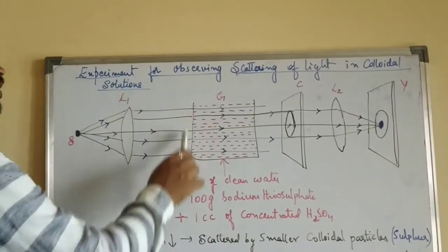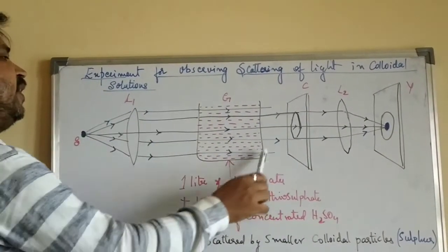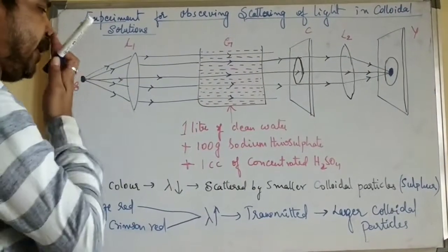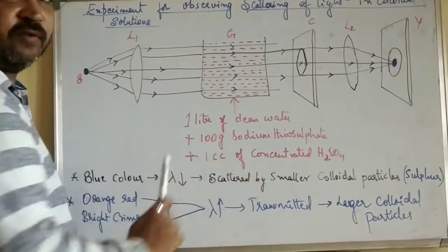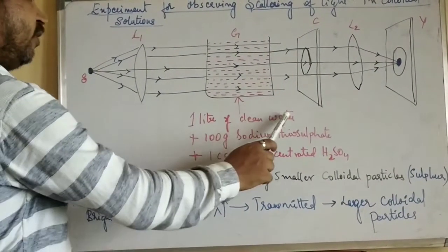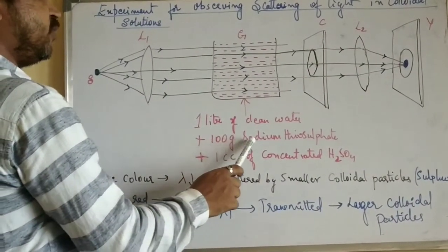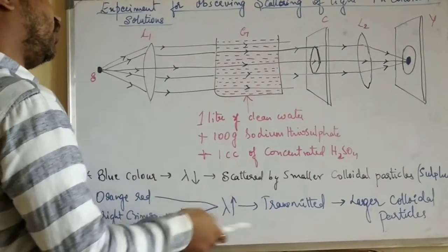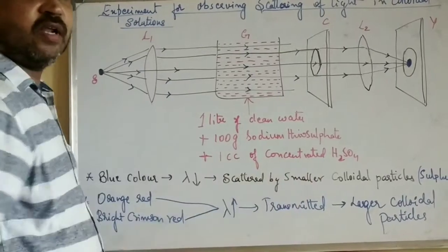This transparent tank contains 1 liter of clean water mixed with 100 grams of sodium thiosulfate. To this mixture you are again adding 1 cubic centimeter of concentrated sulfuric acid.